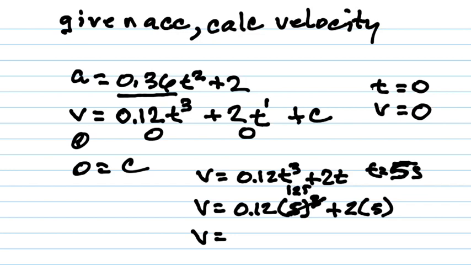And 125 times 0.12 is, anybody? 15? Thank you. Sorry, somebody over there was saying that. Plus 2 times 5 gives you plus 10, which gives us 25, and it's velocity, so what? Meters per second, exactly. Okay?